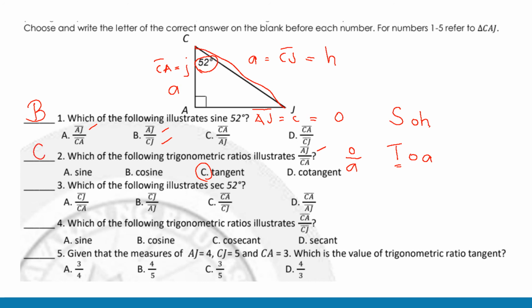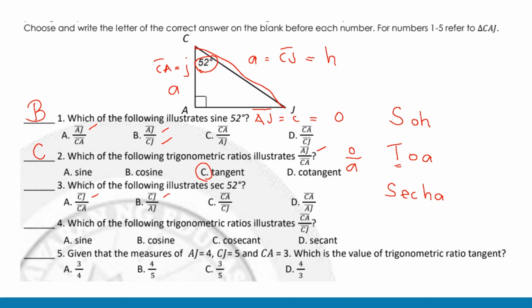Next, which of the following illustrates secant 52 degrees? Sabi natin, secant is for sec, and then yung ating magiging pattern ratio ay H over A. Kaya doon pumasok ulit si secant. So our hypotenuse is segment CJ. So it's obvious na pwedeng A, pwedeng B. Pero syempre pa, para sigurado tayo, para talagang tama ang sagot natin, ano yung adjacent side?